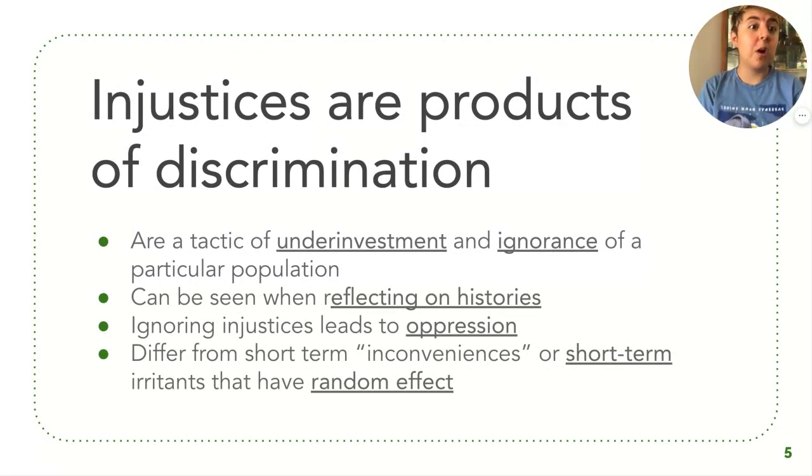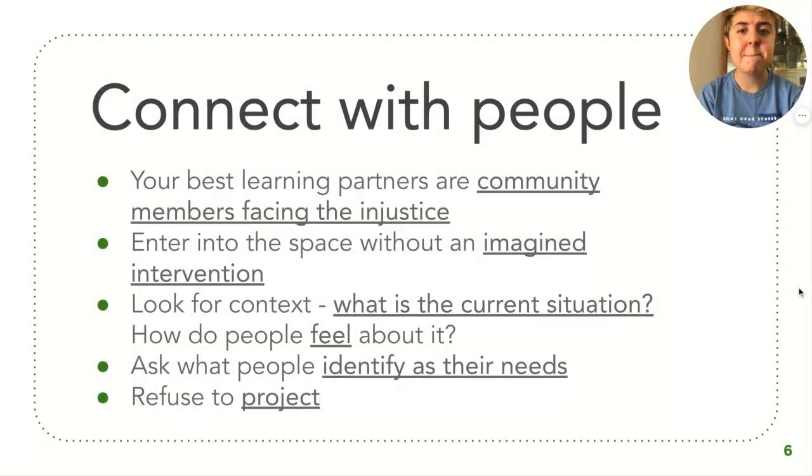We need to know that this is a chosen act. This is something that people have intended to do and so replicated over millennia in different ways. And so the more that we're aware that this is where they come from, the better we are to identify them over short-term inconveniences that often aren't as targeted and systemic as an injustice.